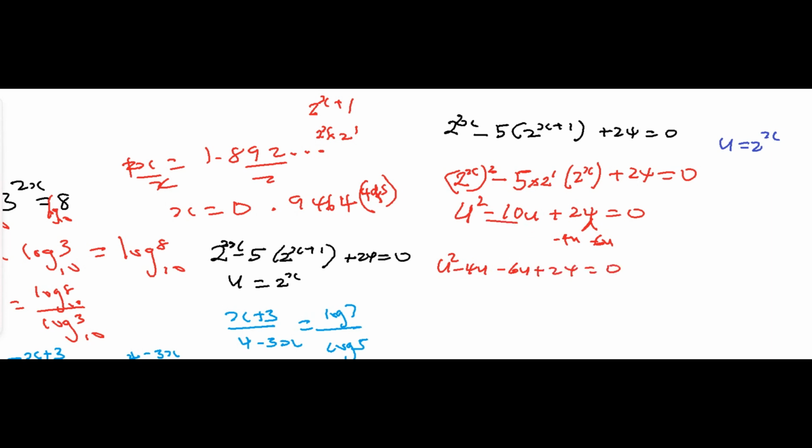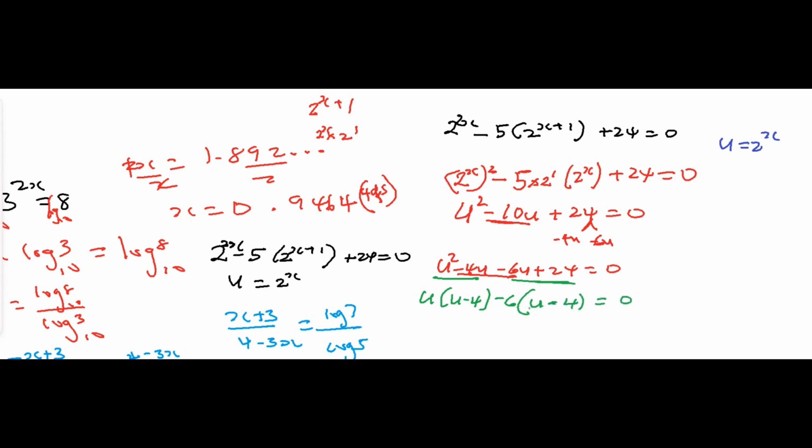If you add the minus 4u and minus 6u together, it will still give you minus 10u. So let's deal with the first two. The first two here, u is common. So u is coming out. I have u minus 4. And the second one here, let me bring out minus 6, and I will have u minus 4 equals to 0.